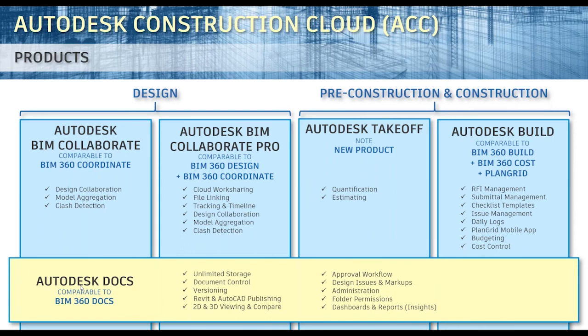And to add to the level of confusion, if you have an existing BIM seat of BIM 360 Design, and you're the contract manager and you go look at your Autodesk account page, it's actually going to be called Autodesk BIM Collaborate Pro, because you still have maintained access to the BIM 360 platform, but you've also been grandfathered into access to the ACC. Whether you choose to use it or not is up to you, but the name change has taken place automatically in your Autodesk account.